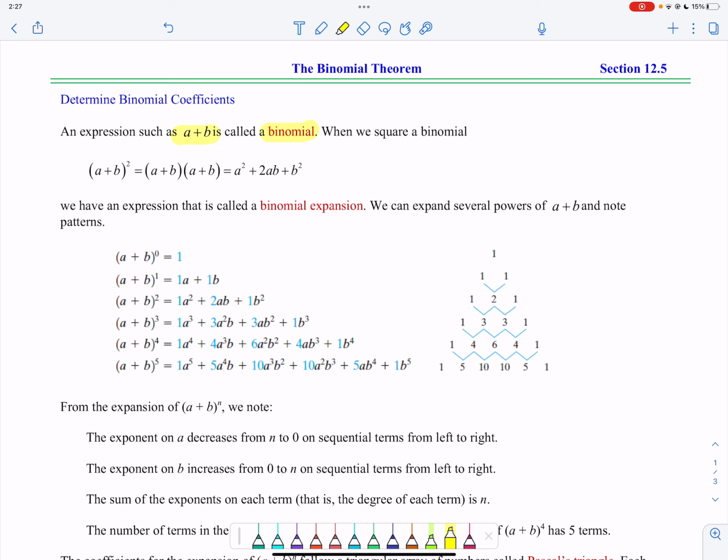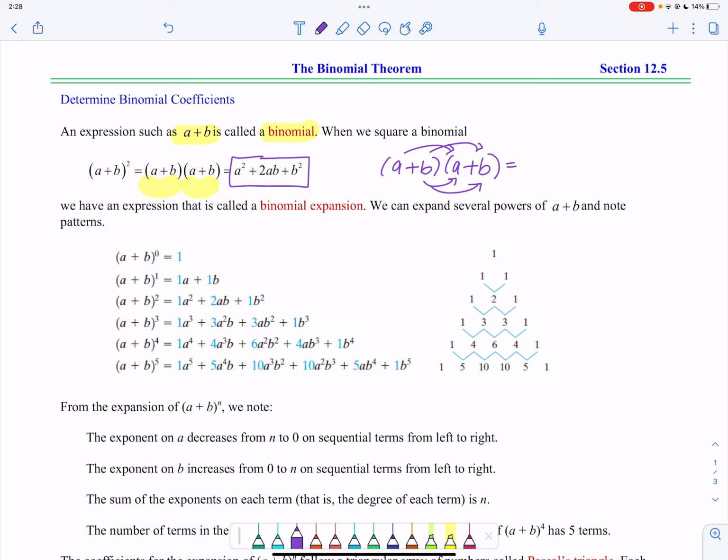And when we square a binomial, we multiply that binomial by itself, and then we multiply those two binomials together, we come up with this trinomial. Of course, there's many ways you can distribute this a to both terms and then distribute this b to both terms if you'd like.